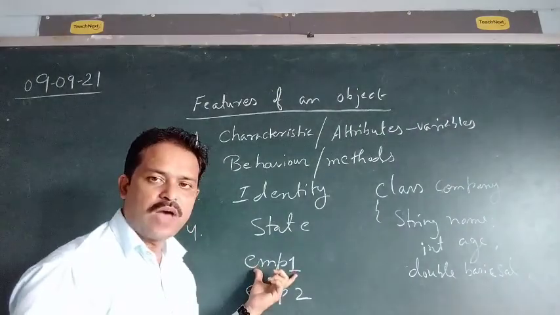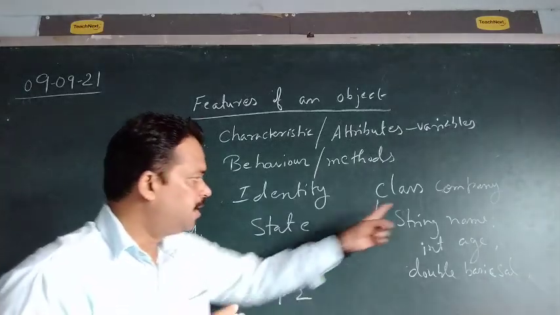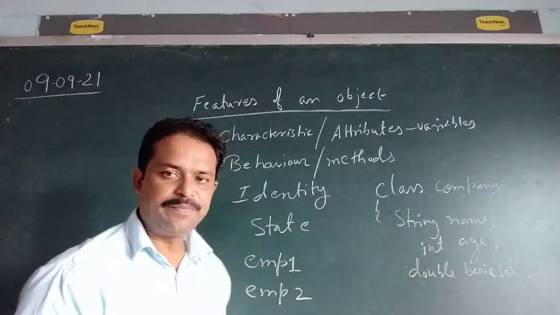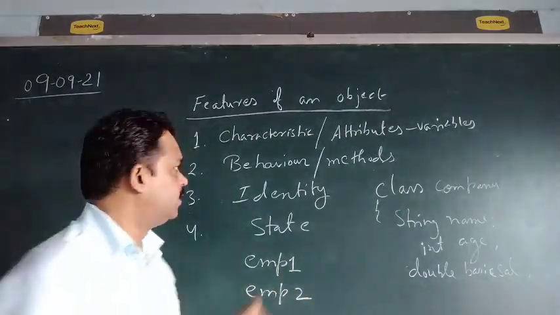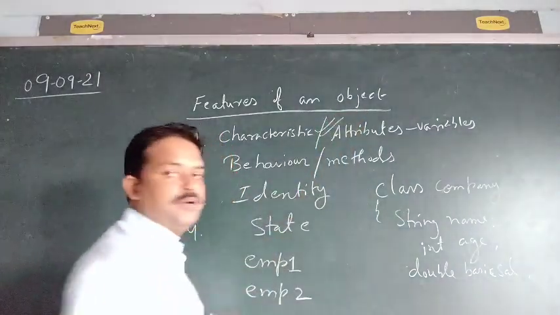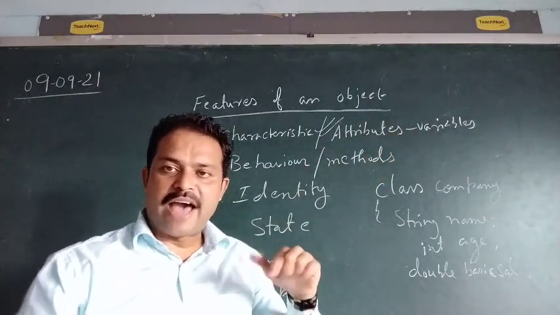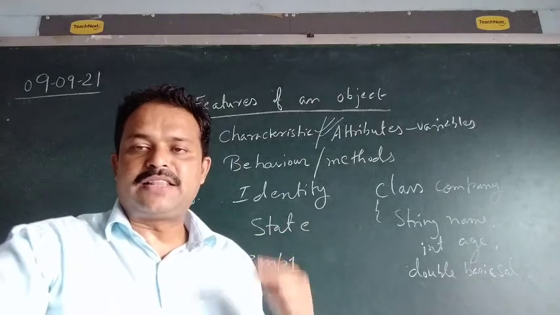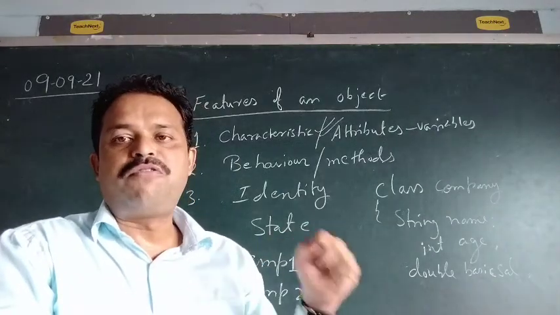Employee 1 has name, age and basic salary, and employee 2 also has name, age and basic salary. They are called attributes, or variables. So the variables we define inside the class are defining the characteristics of an object.